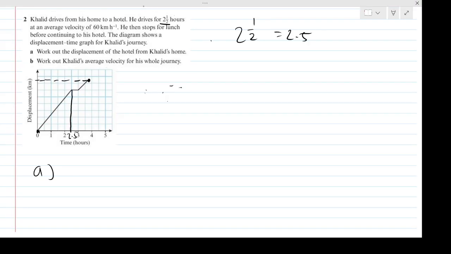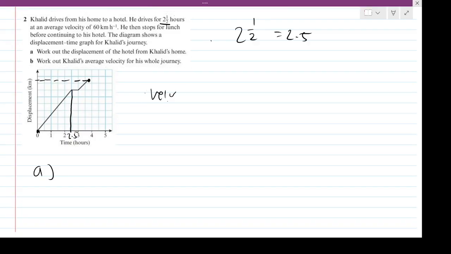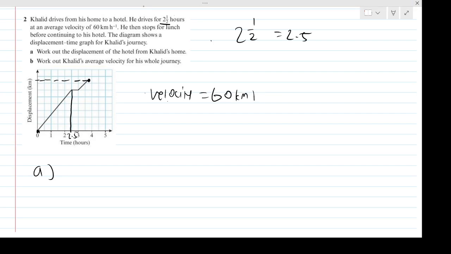I'm actually told the velocity for this part. The velocity is 60. Okay, so if the velocity is 60 kilometers per hour, and also the time is 2.5 hours, which means the displacement is going to be velocity times time.